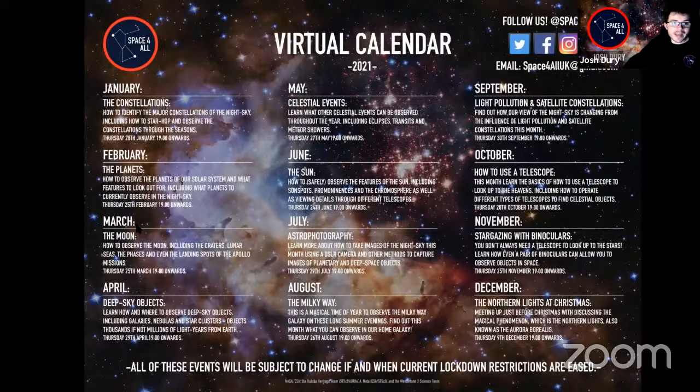So this will be our next feature and how we can observe the lunar seas and the craters on the surface of one particular place in our solar system where men have once stood on the moon. And I hope to show you guys the rough locations of where we're able to see the Apollo landing sites. So that will be on Thursday, fingers crossed, Thursday, the 25th of March at 7 o'clock.